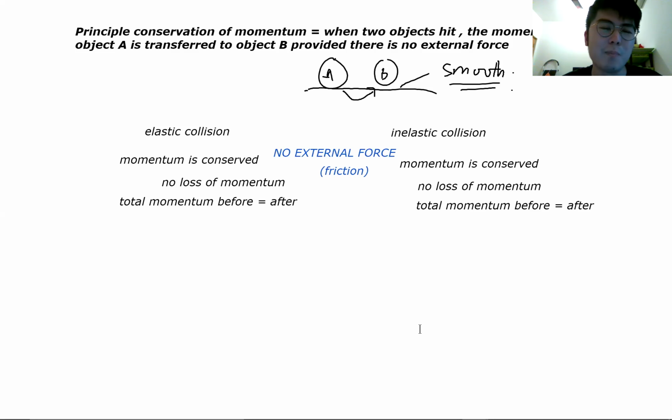But in real life, this case does not exist. Why? Because in real life there are many external forces, like friction, like heat. When the two cars collide, it produces frictional force, it produces heat, it produces loss of energy, meaning that the perfect inelastic collision does not exist in the real world.